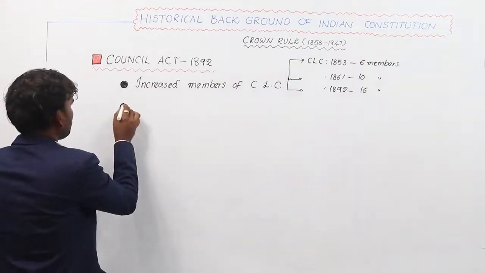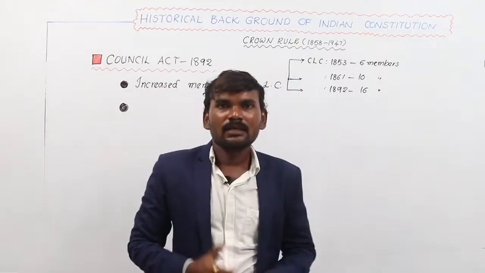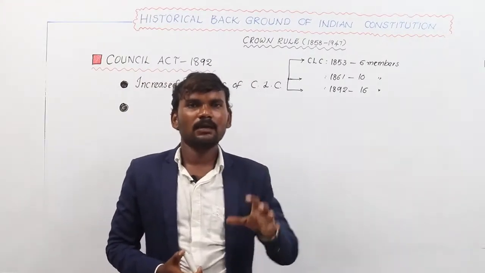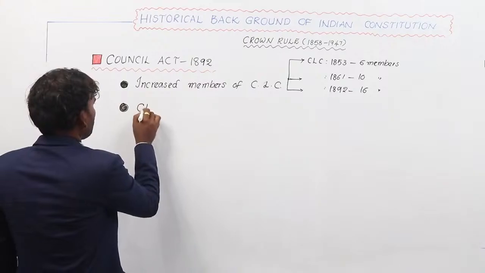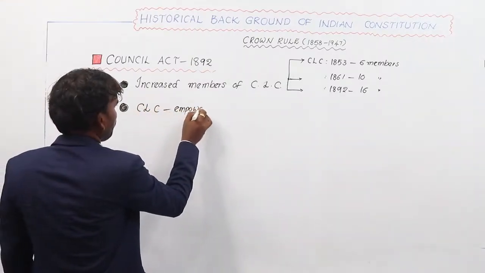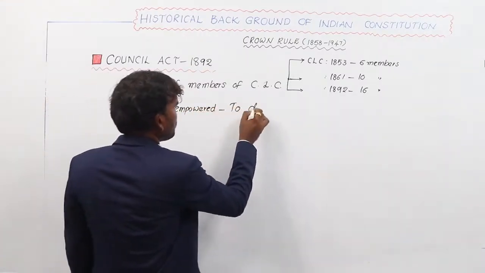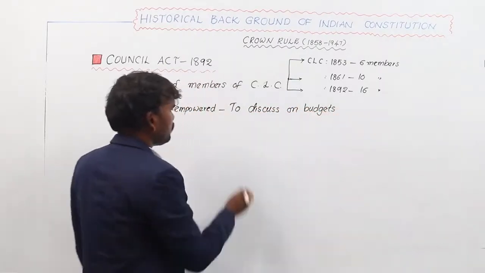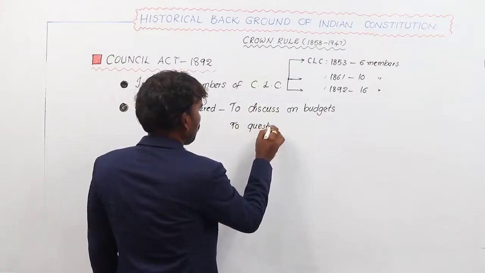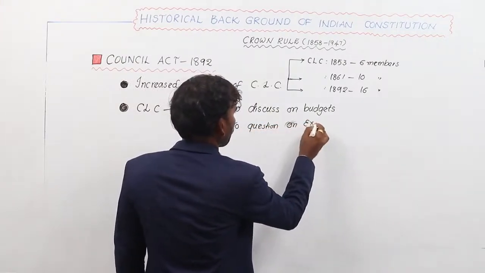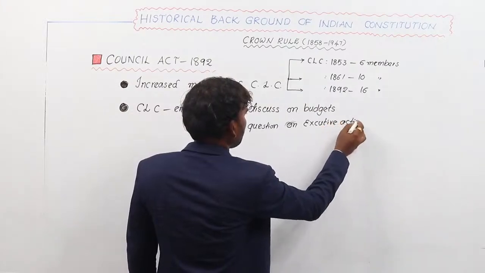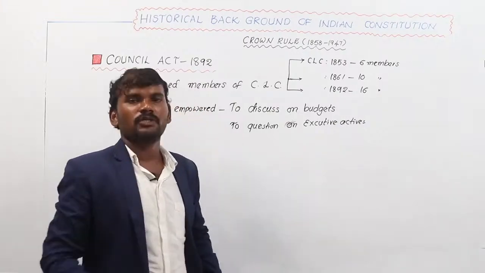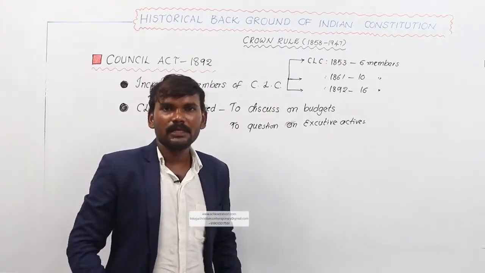The second salient feature is that the Central Legislative Council was empowered with more powers to discuss the budget and to question executive activities. The budget was introduced by the British in India in 1860.